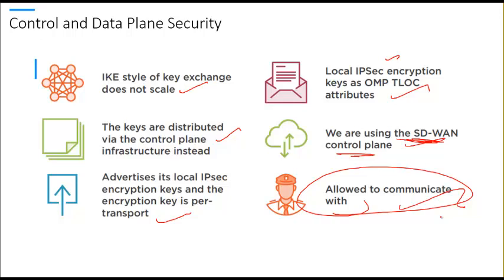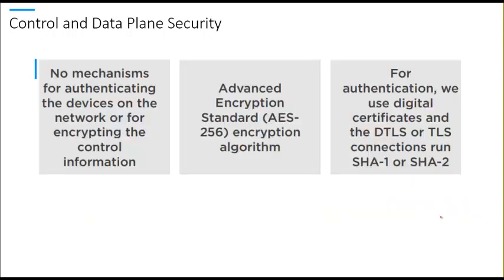In a traditional network, the control plane is handled by routing and switching protocols. But those routing protocols are only there to provide the route information, how the packet is to be routed to the destination.